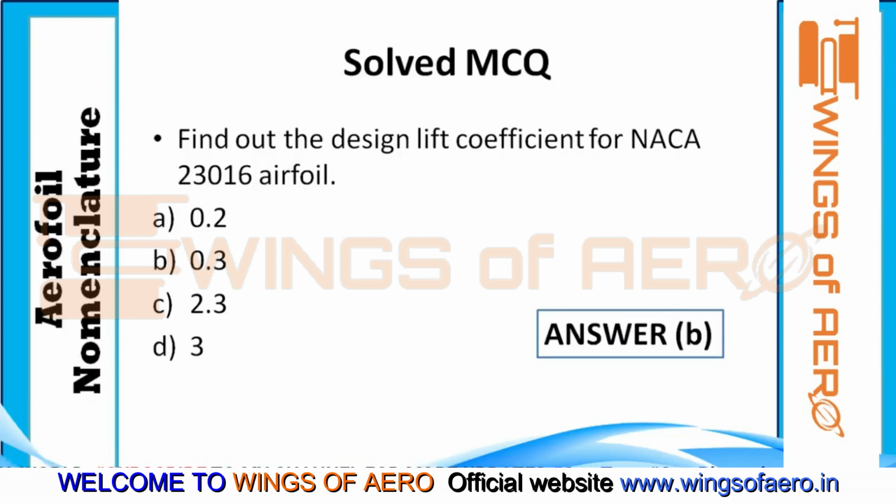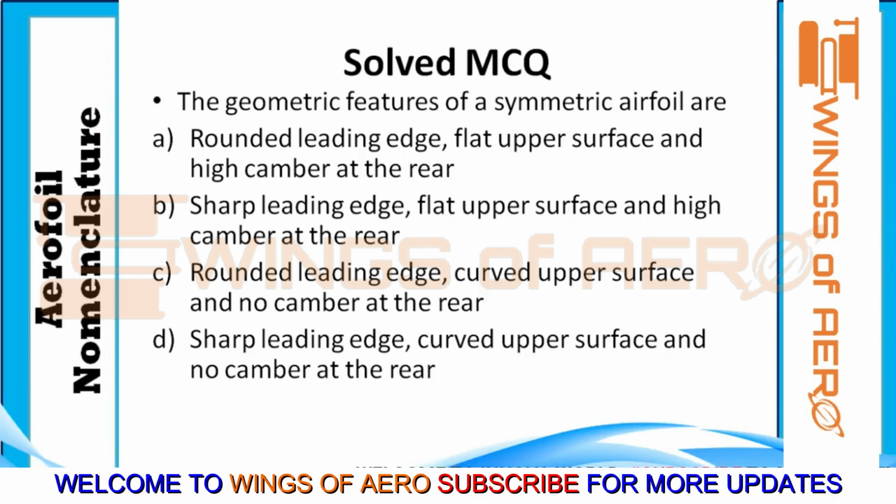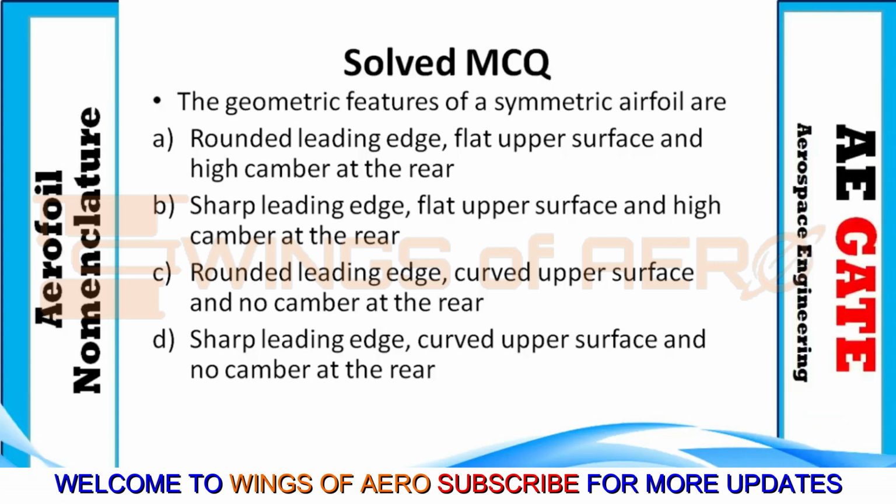So in this question they have asked for lift, so the right answer is answer B. The geometric features of a symmetric airfoil are: rounded leading edge, flat upper surface and high camber at the rear; sharp leading edge, flat upper surface and high camber at the rear; rounded leading edge, curved upper surface and no camber at the rear; sharp leading edge, curved upper surface and no camber at the rear.